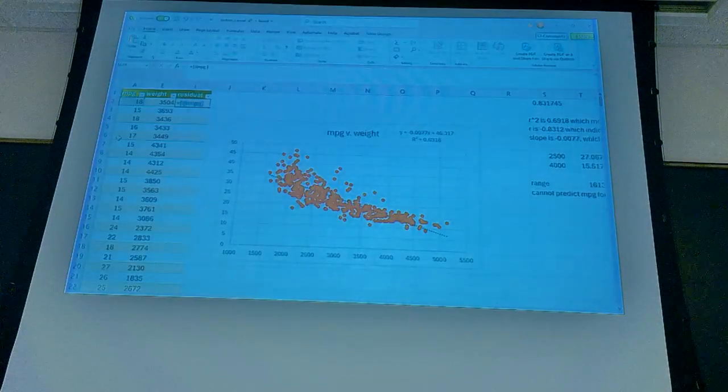So I'm going to do A2 minus, oh no, sorry. Parentheses, I want the predicted first. So it's negative 0.0077 times A2 plus 46.317, then minus A2.